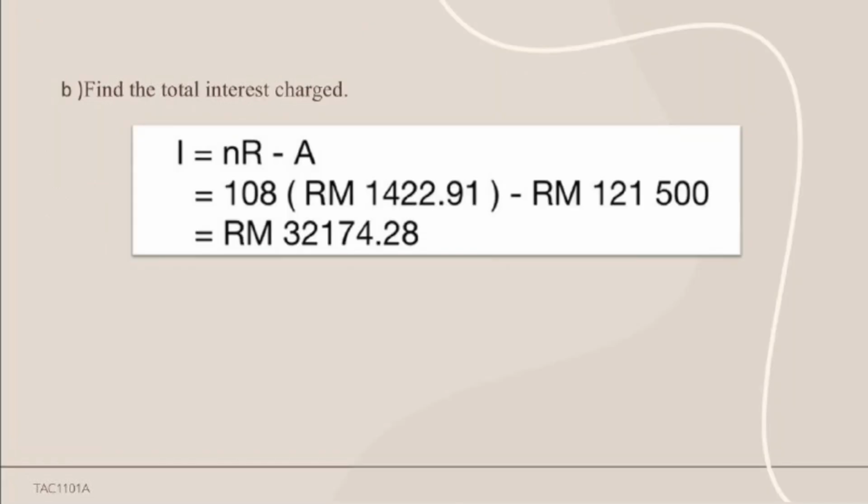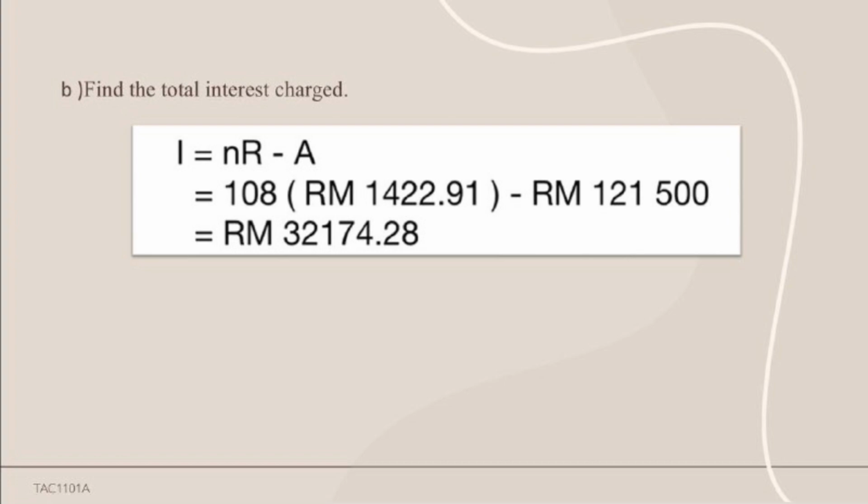Next is question B. Find the total interest charge. For the total interest charge, the formula is I equals Rn minus A. So R, we already found in the first question, which is 1,422 ringgit 91 cent. We just times with 108. 108 is from n. n is 9 times 12, so we get 108.